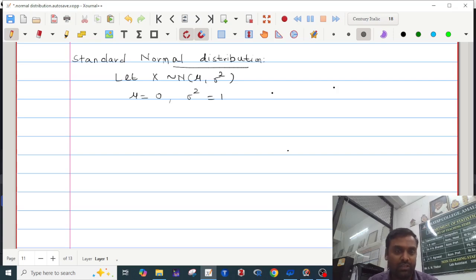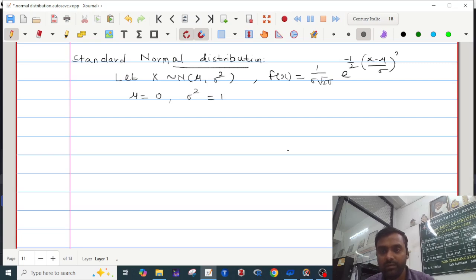The PDF of normal mu sigma square is 1 upon sigma under root 2 pi e raised to minus 1 half, x minus mu upon sigma, bracket square.